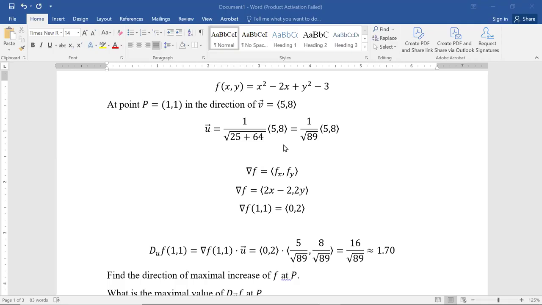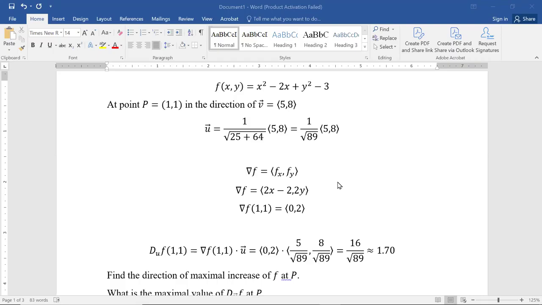So previously we were at the point 1, 1 and going in the direction of 5, 8, and we found the directional derivative in the direction of V, that is 5, 8, came out to 1.70. That's probably not going to be the maximal increase.